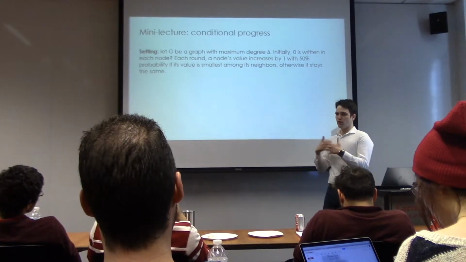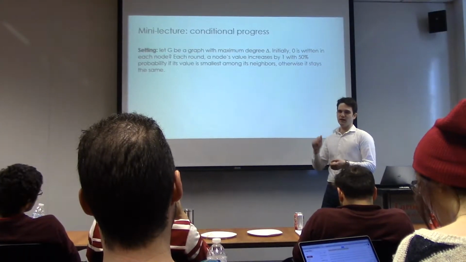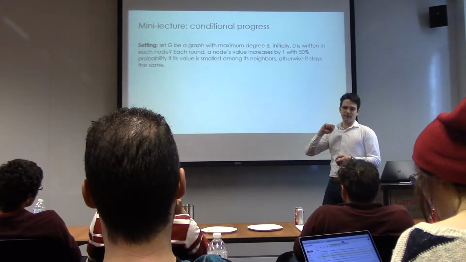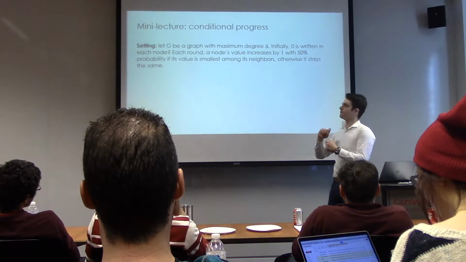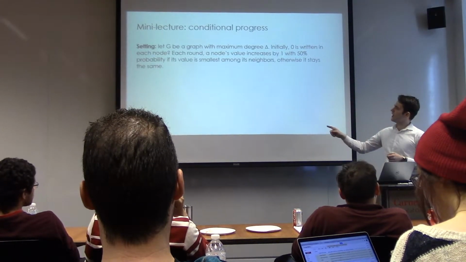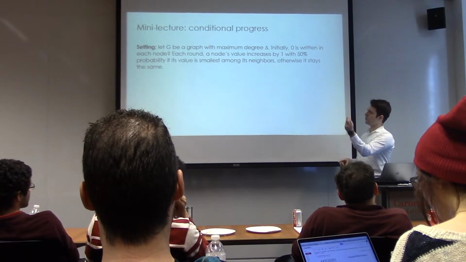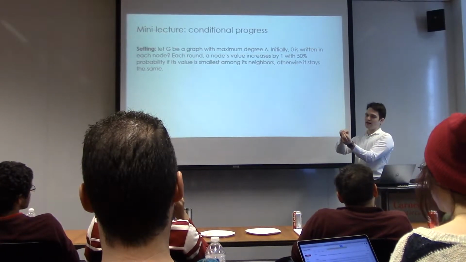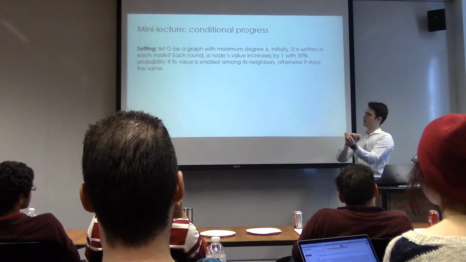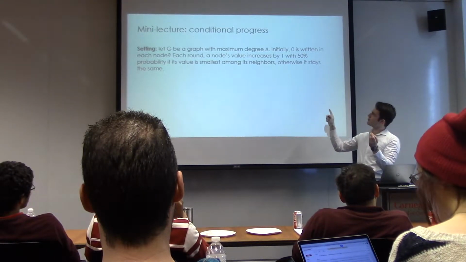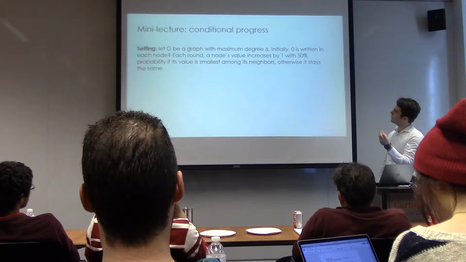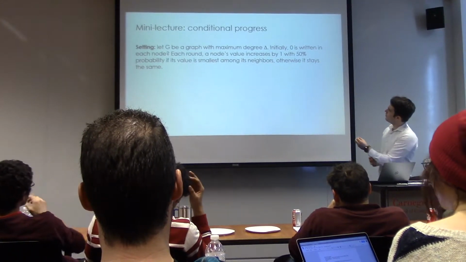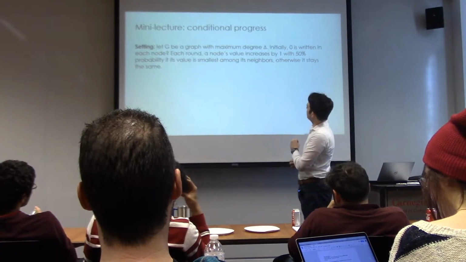If nobody is smaller, you flip a coin, 50%. If the coin turns out heads, you advance by 1. If that's the setting, what's the amount of time until one fixed node, which I call node 1, gets the number t written in it? I want the answer in terms of delta and t.